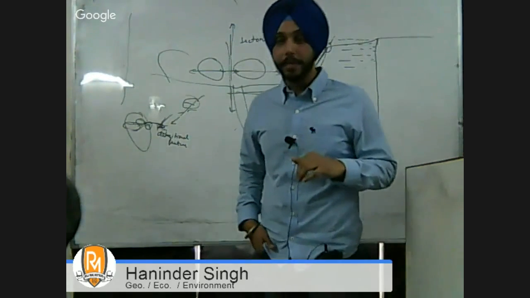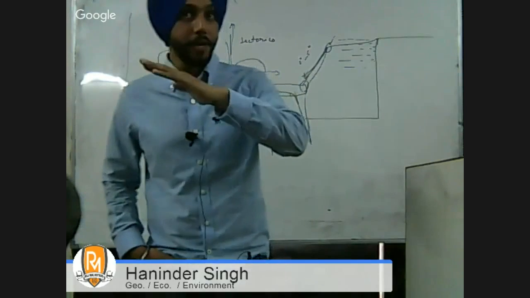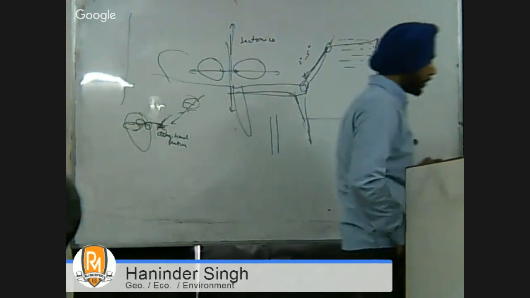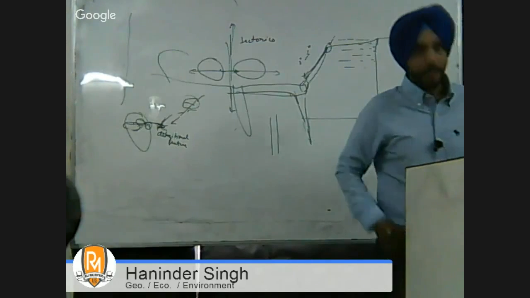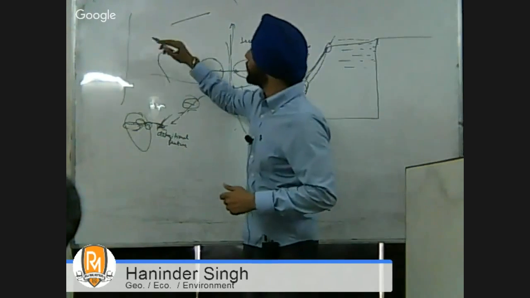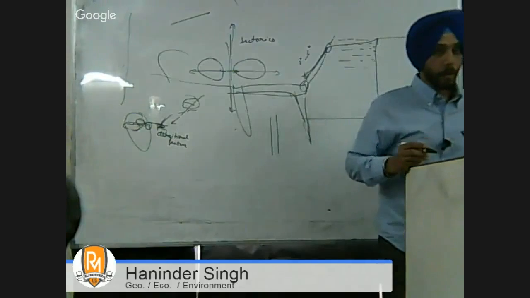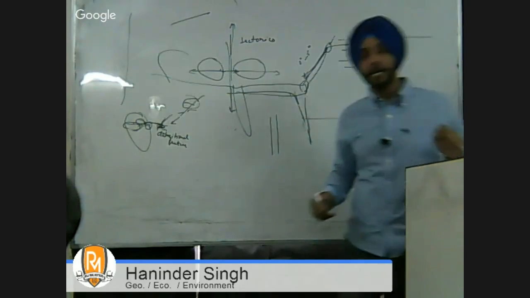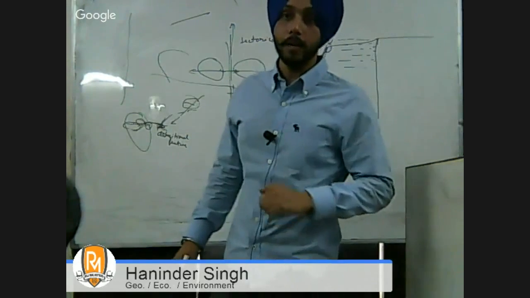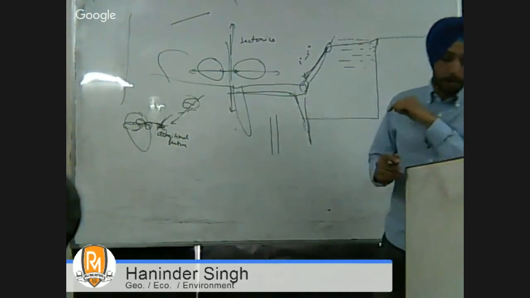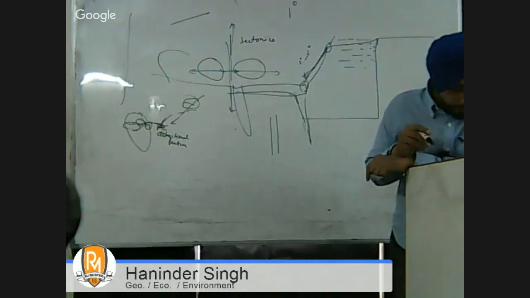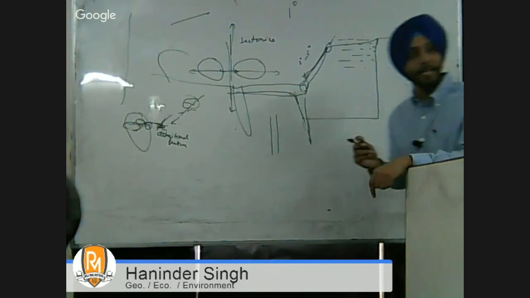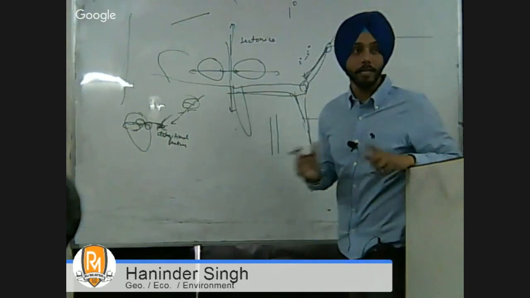Average gradient or slope is 1 degree. Average width varies.